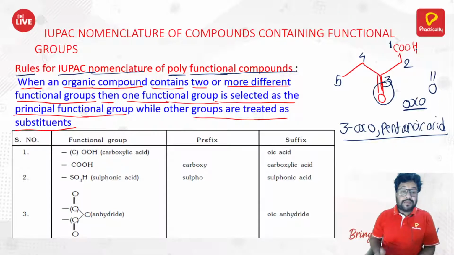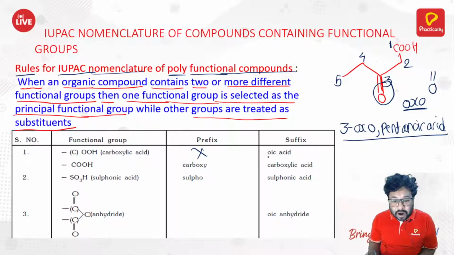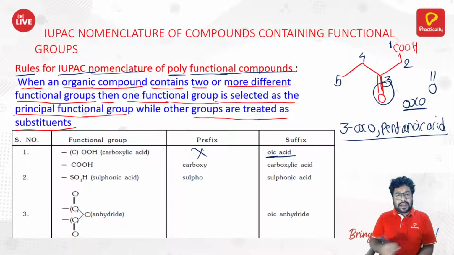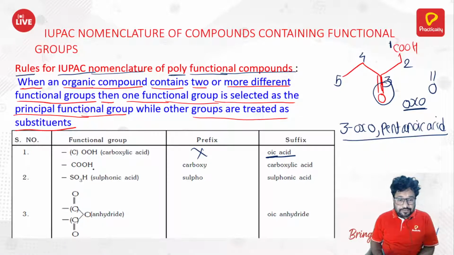So it will never be treated as a substituent when it is in contact with another functional group. So there will be no prefix here. And what is the suffix? Oic acid, alkanoic acid. We had seen that.